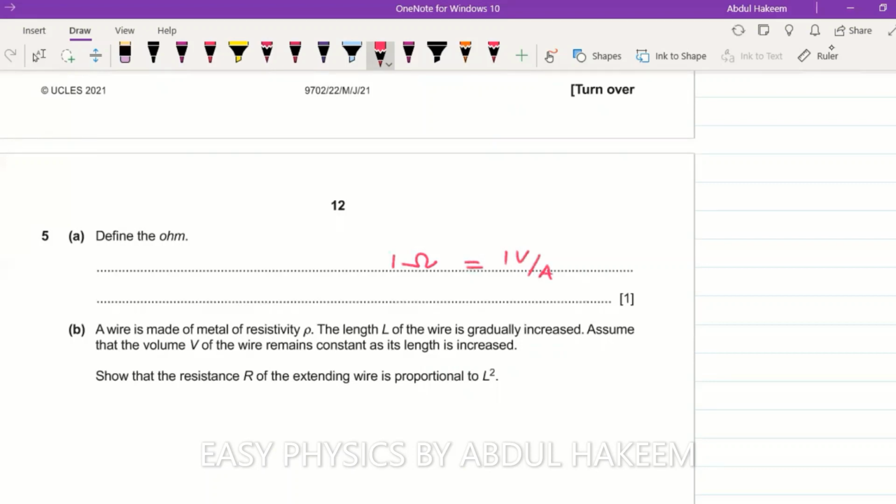Or you can write that resistance will be 1 ohm if 1 volt potential difference drives 1 ampere current in the wire. But better is we have to write the ratio. It's a ratio between 1 volt and 1 ampere.